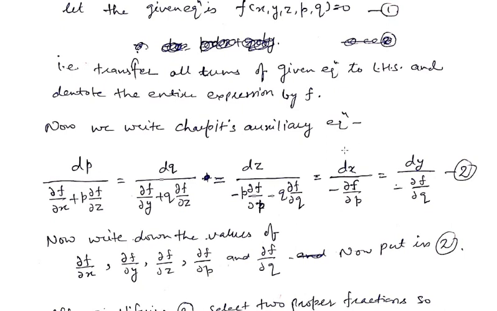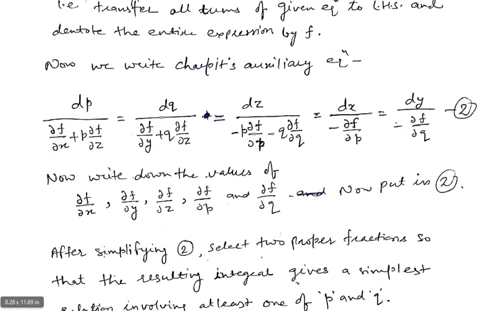Here we have five fractions: dp upon del f upon del x plus p del f upon del z equals dq upon del f upon del y plus q del f upon del z equals dz upon minus p del f upon del p minus q del f upon del q equals dx upon minus del f upon del p equals dy upon minus del f upon del q. This equation is known as Charpit's auxiliary equation.